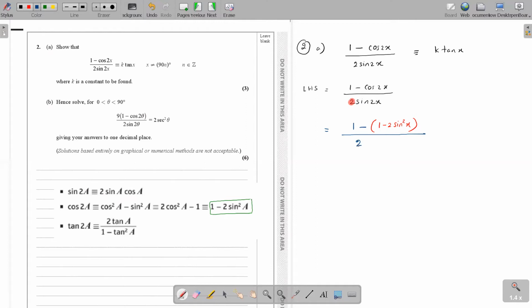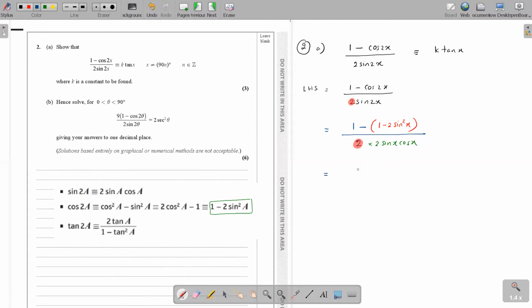That's wrong. This 2 was already there, while sin 2x gives you 2 sin x cos x, which comes separately. So please be aware of that.